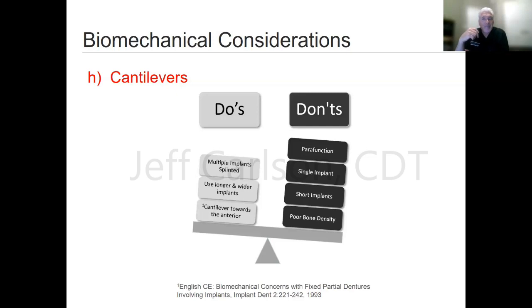Keep in mind that if a patient gets to first molar occlusion in their prosthesis, they have 90% of chewing function or efficiency. So to gain another 10% by going to a second molar, if you already cantilever that first molar, now you're going to cantilever to that second molar.